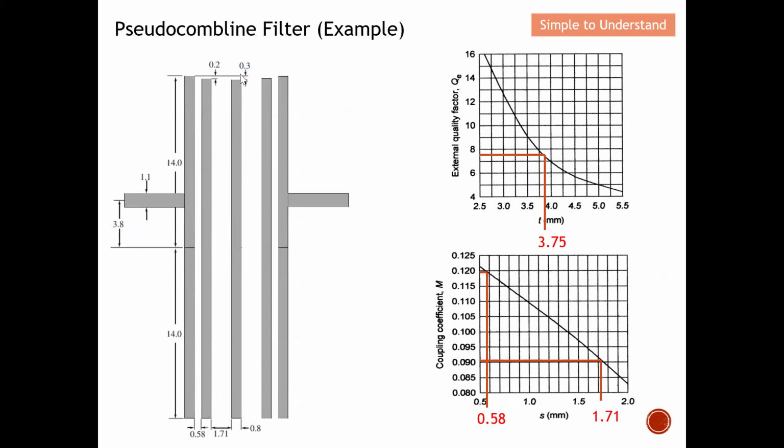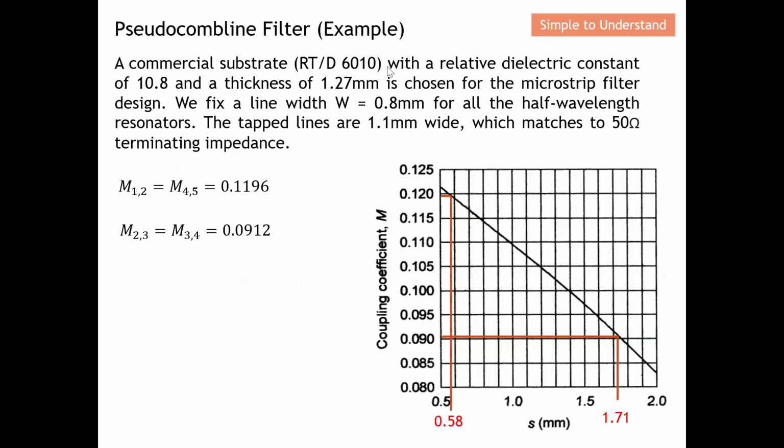We need to keep certain things the same, as you can see in the example here. What we keep the same is that we fix the line width for all the resonators at 0.8 mm. For the tap line, they need to be 1.1 mm because this 1.1 mm will be a port of 50 ohm.